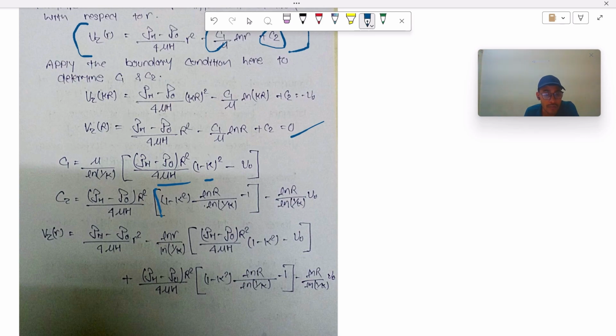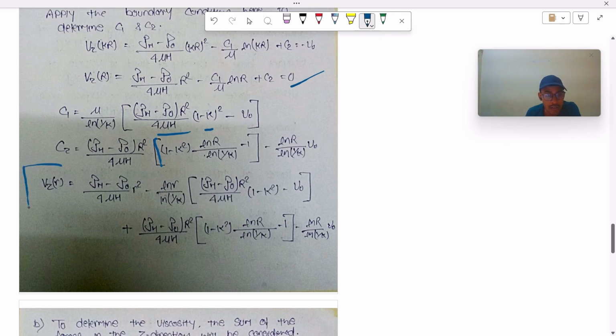It is given by modified pressure at z is equal to h and modified pressure at z is equal to 0, which can also be called the change in modified pressure, upon 4 times mu h, r square minus ln r upon ln 1 minus k, bracket open, change in modified pressure r square upon 4 times mu h into 1 minus k square minus v naught, plus change in modified pressure r square upon 4 times mu h into 1 minus k square ln r by ln k, minus 1 minus ln r by ln 1 minus k, into v naught. So this is our final expression for velocity, which is a function of r.